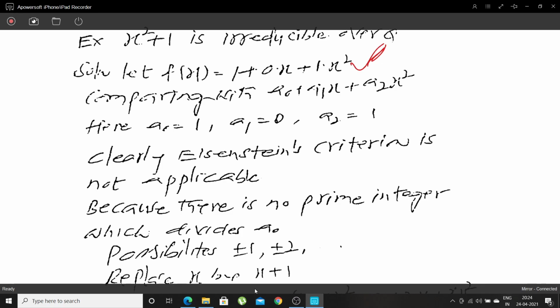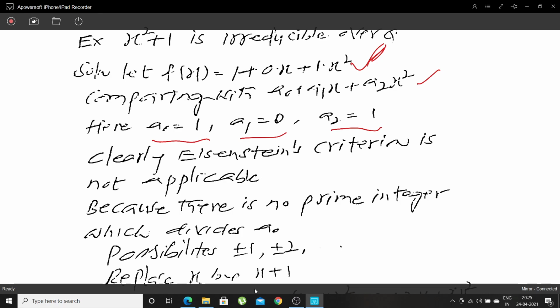Comparing this polynomial with the standard form, a naught constant term, a1 x plus a2 x square, if you compare, what we see is a naught is 1, a1 is 0, and a2 is 1.